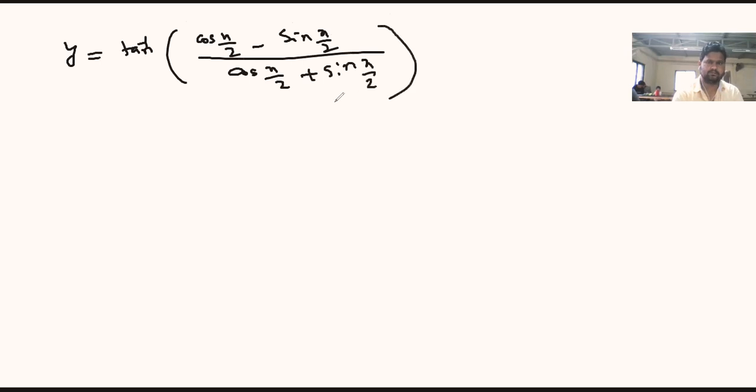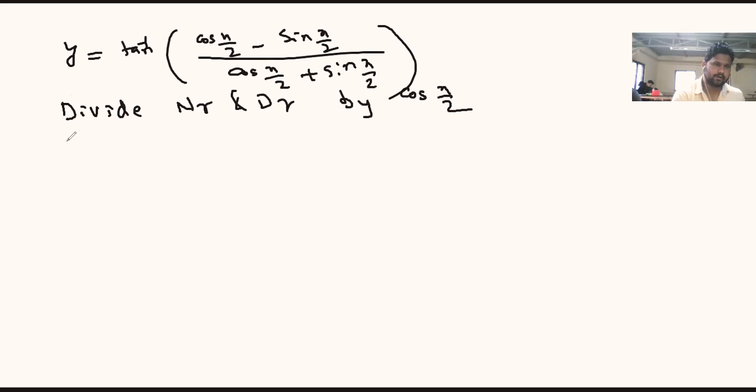Then how to solve? Anybody can give an idea? How to simplify it? Divide by cos x by 2. Good, very good. Divide numerator and denominator by cos x by 2.